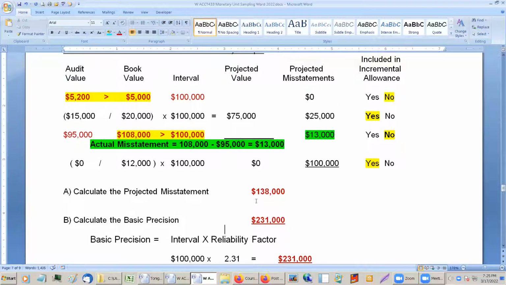And so again, the basic precision applies even if there are no errors. If there are no errors, the basic precision says, okay, this is still a sample, so it still could be off by some. Our best estimate is that it's off by 138,000. However, it could be off by more because we're taking a sample.